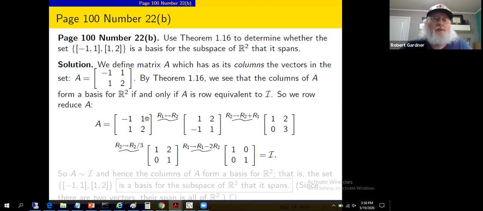Okay, so here's matrix A. The vectors went in as columns, right? First vector is -1, 1. First column is -1, 1. Second vector is 1, 2. Second column is 1, 2. An unhappy coincidence: if I put these in as rows, I get the same numbers. But that's because of the components of the vectors.